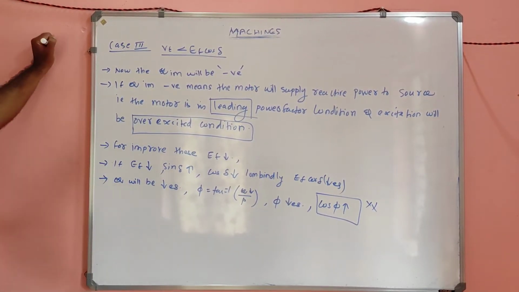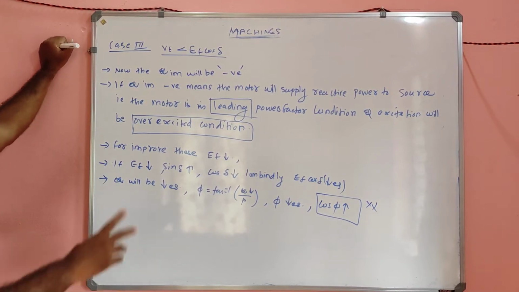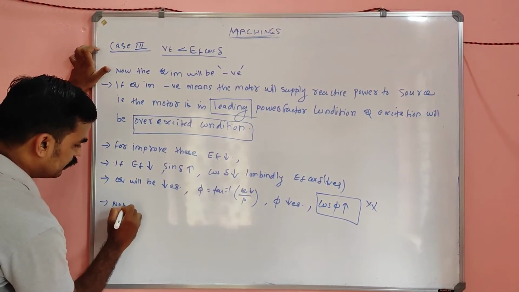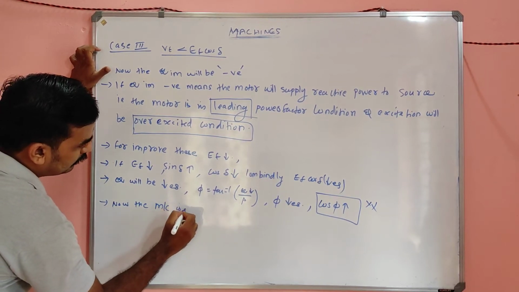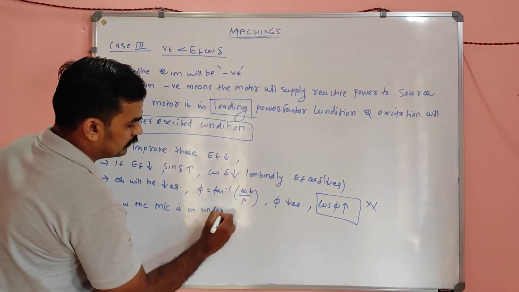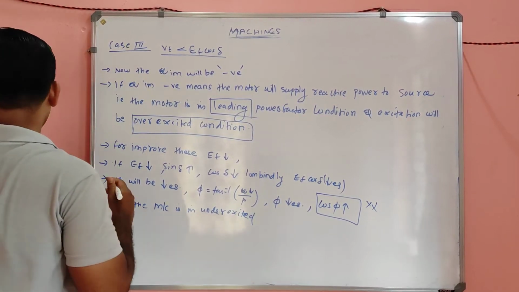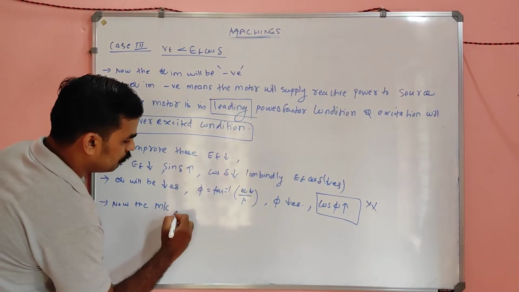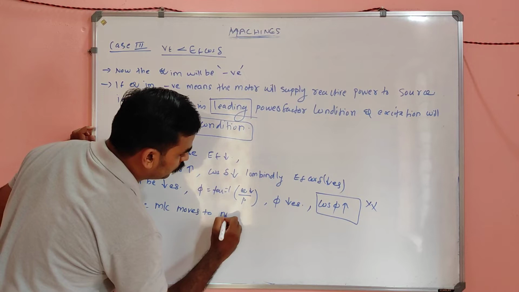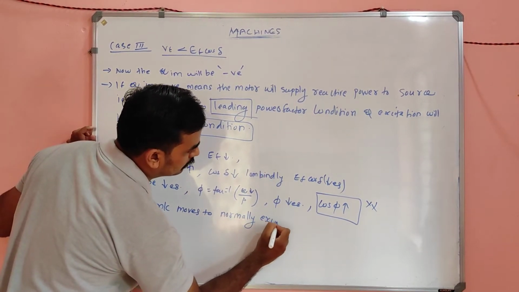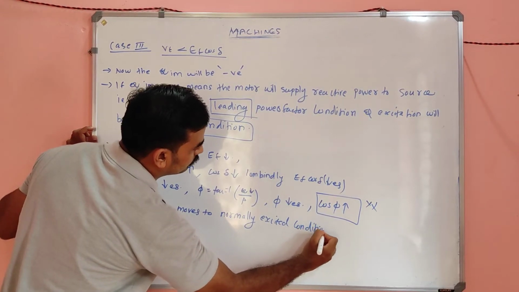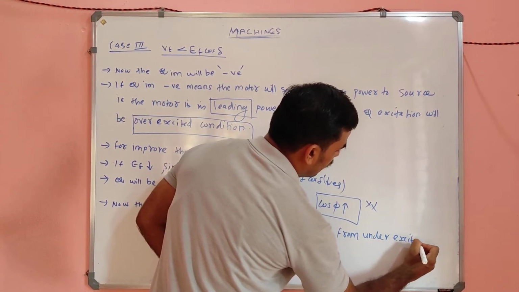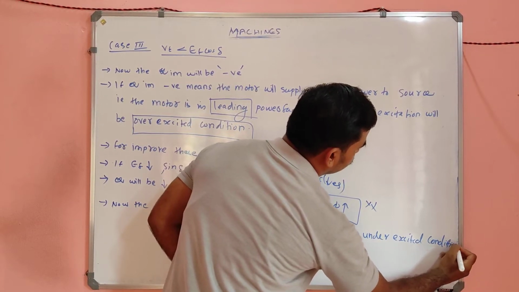Okay, so now the power factor increases, that's all. So it will increase from leading and over excited condition, so Q will decrease, meaning the machine moves from the over excited condition to the normally excited condition, from the under excited condition.